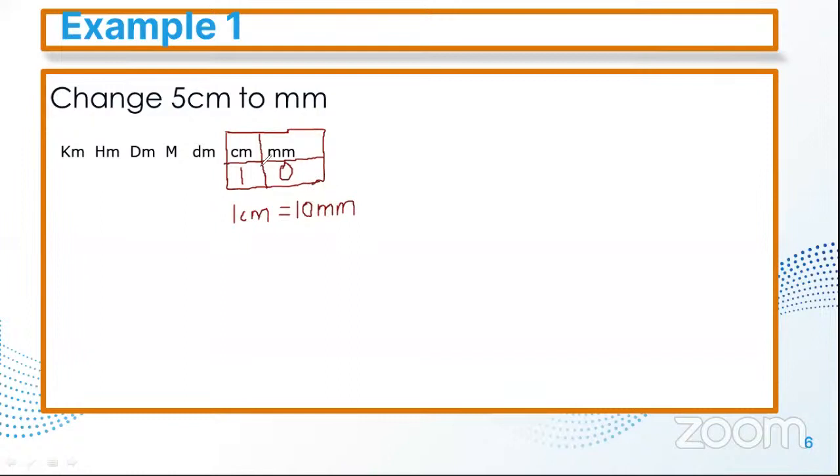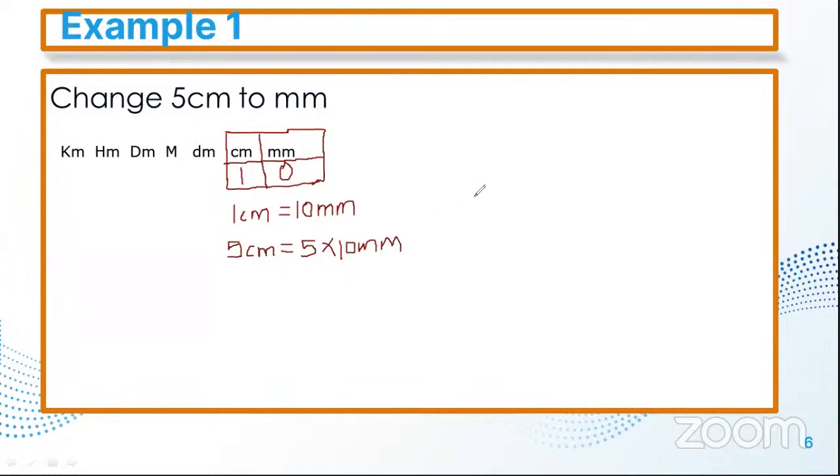So therefore, I'm now going to change 5. If now I know that 1 centimeter equals 10 millimeters, how about if I have 5 centimeters? This is where they told us to multiply. We are going to multiply 5 by 10. So 5 times 10 millimeters.